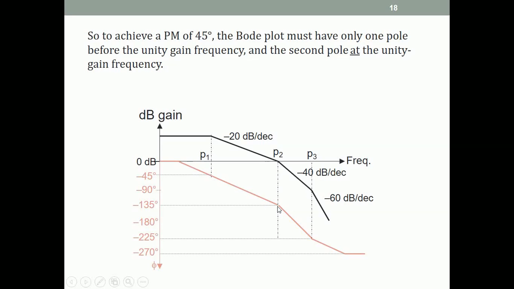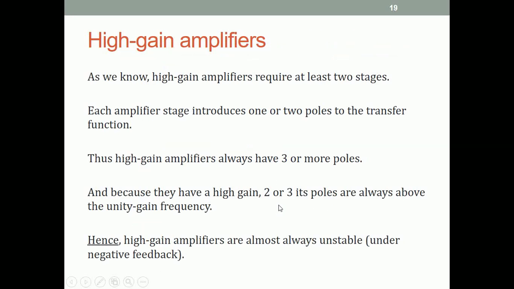If we want a 45 degree phase margin, P2 must be at the unity gain frequency. Then we'll get exactly a phase margin of 45 degrees. So this is what we will want to design a stable amplifier.